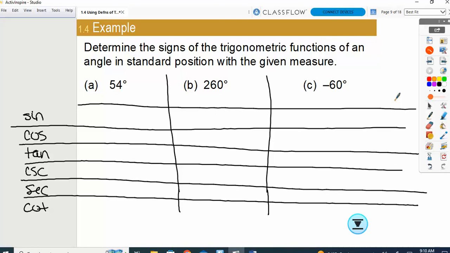So to decide if the trig functions are positive or negative, all we really need to ask ourselves is, what quadrant am I in? So 54 degrees is in what quadrant? 1. So think about our trick. All students take calculus. In quadrant 1, what's true? They're all positive.